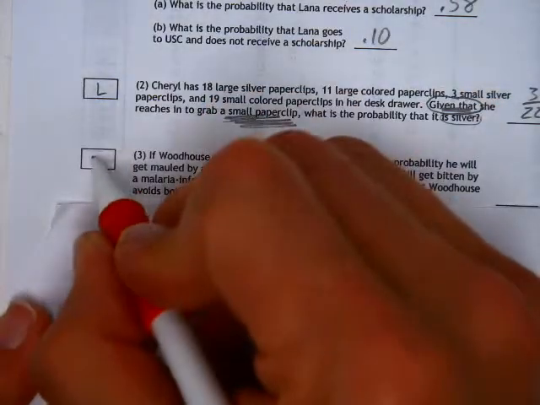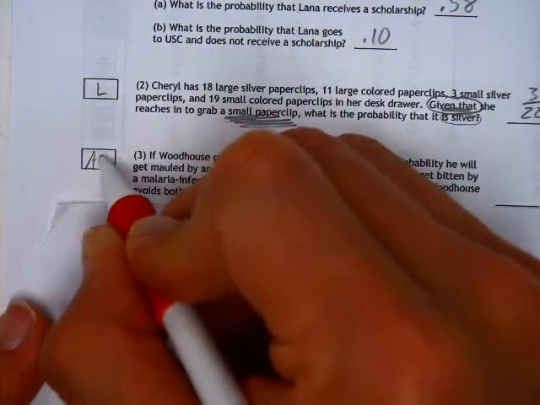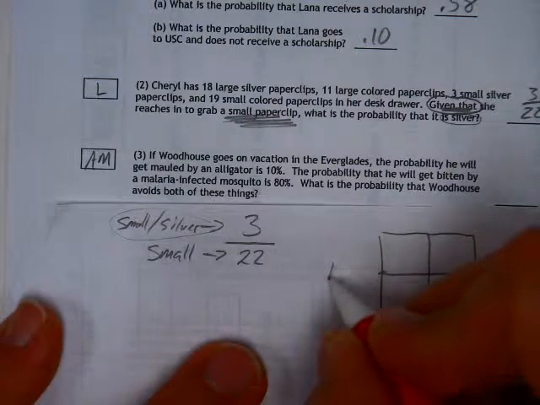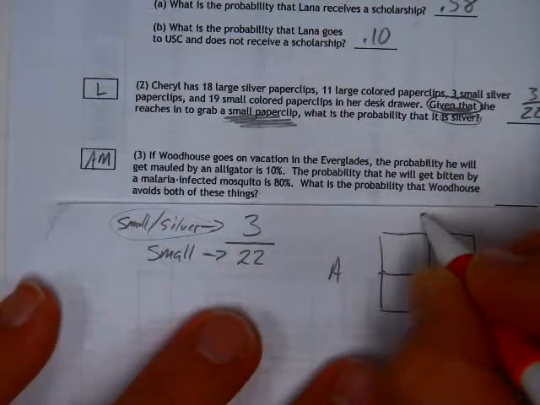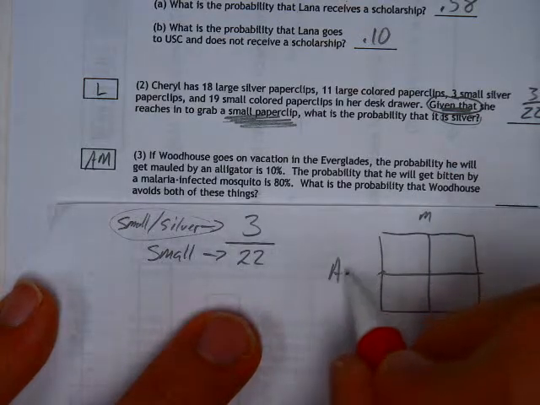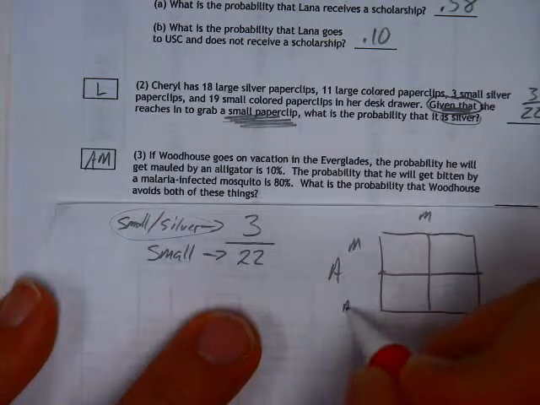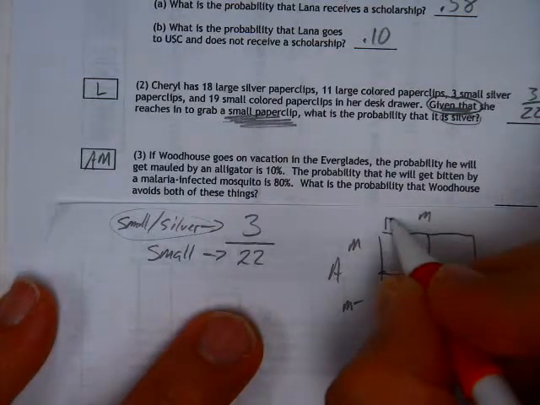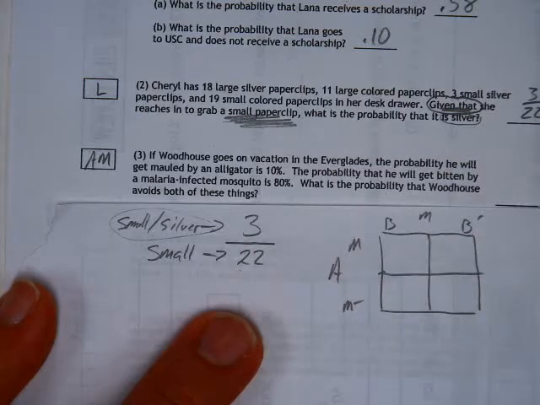So this is the area model, AM, or just area. This over here is the alligator section. This up here would be the mosquito section. If it's an alligator, you've got mauled and mauled not. With the mosquito, you can get bitten or bitten not.